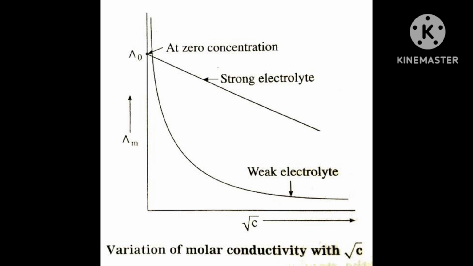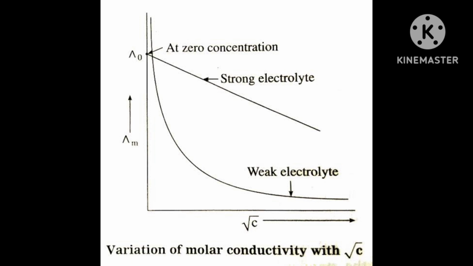Here you divide kappa, the conductivity, by this concentration, where concentration means molarity. Simply, kappa upon C, that is, kappa upon concentration, is called molar conductivity.